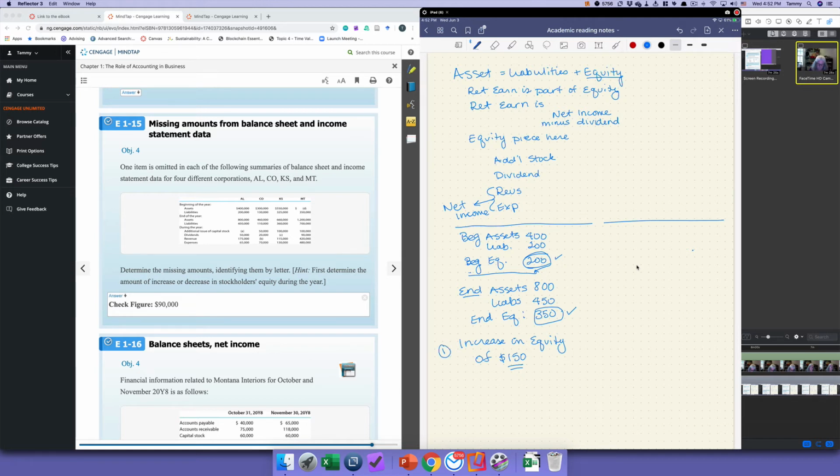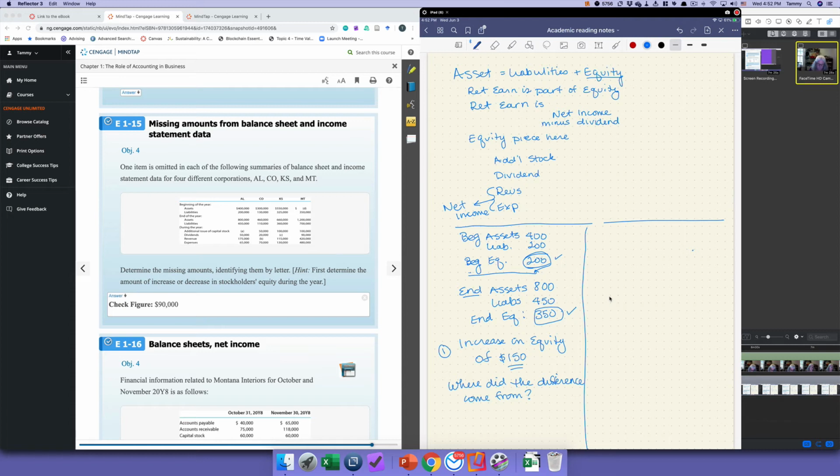Now, where did the difference come from? And I have to say that, when you know accounting, even if you don't know it like a true expert, you can tell what's been going on in a company just by looking at the balance sheet and the income statements from one year to the next. It's pretty cool.